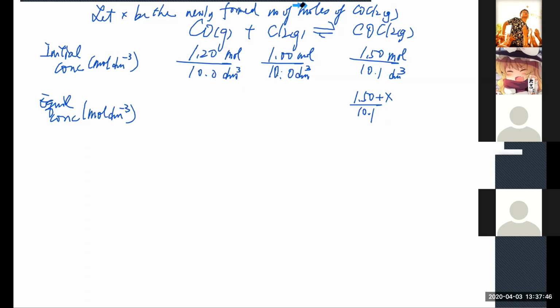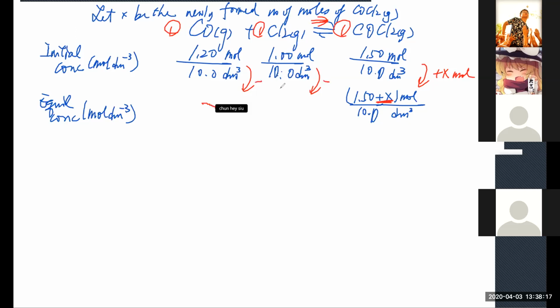So what's next is to get to know this part. It is mole per dm cube. Leaving behind this, you know that the change is plus x mole. So what will happen to the others? 1, 1, 1 mole ratio. We have a net forward reaction, which means there is a consumption of the reactants. So minus x and minus x for the two cases.